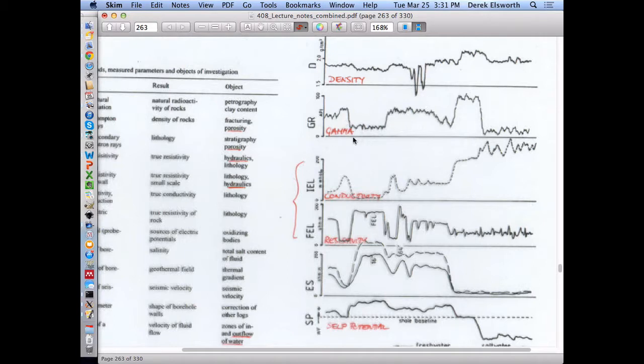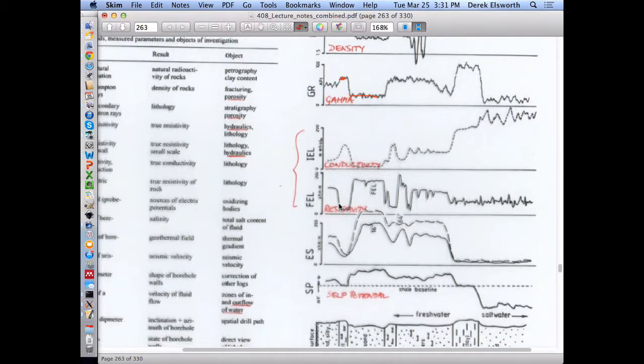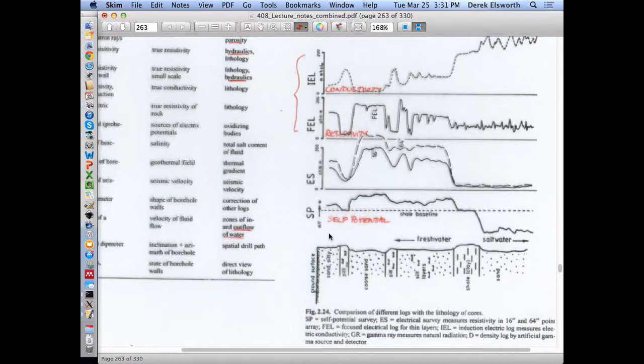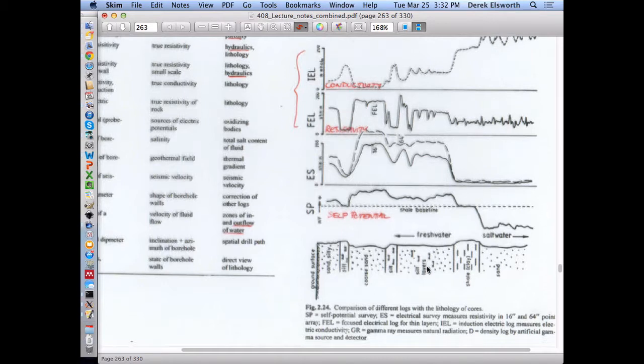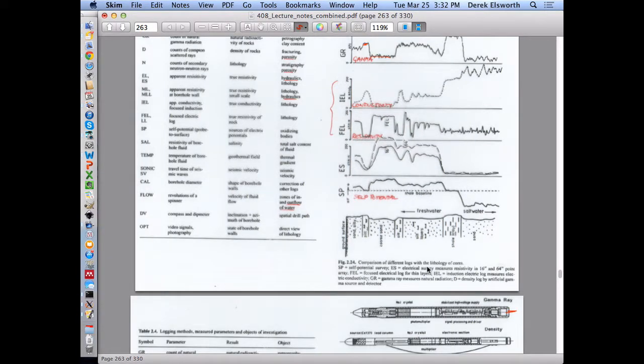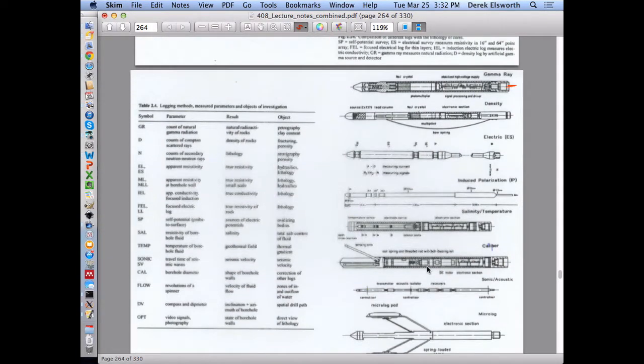You look at gamma ray counts. High gamma rays would be shales. Low gamma rays would be not shales. You measure conductivities and self-potentials. And then once you put those together, you come up with some interpretation of what the materials are as you go down the hole. And so you use that as a proxy, maybe for taking core and being able to look at the core to understand what's going on.